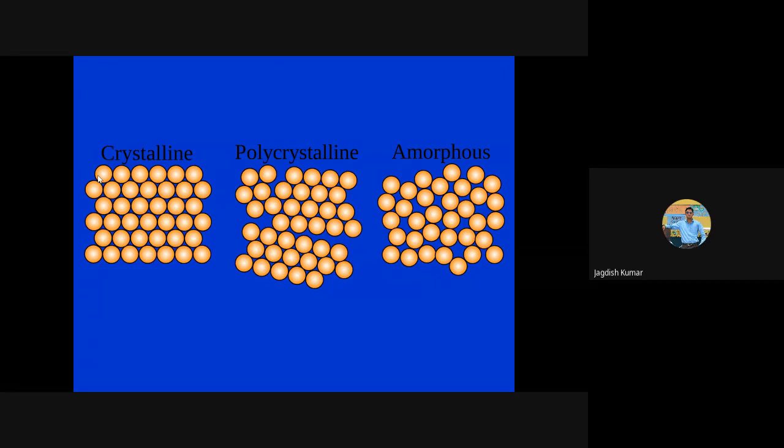For example, let us take the sodium chloride crystal, the common salt at our homes. The typical lattice constant for sodium chloride is somewhat like 5 angstrom.